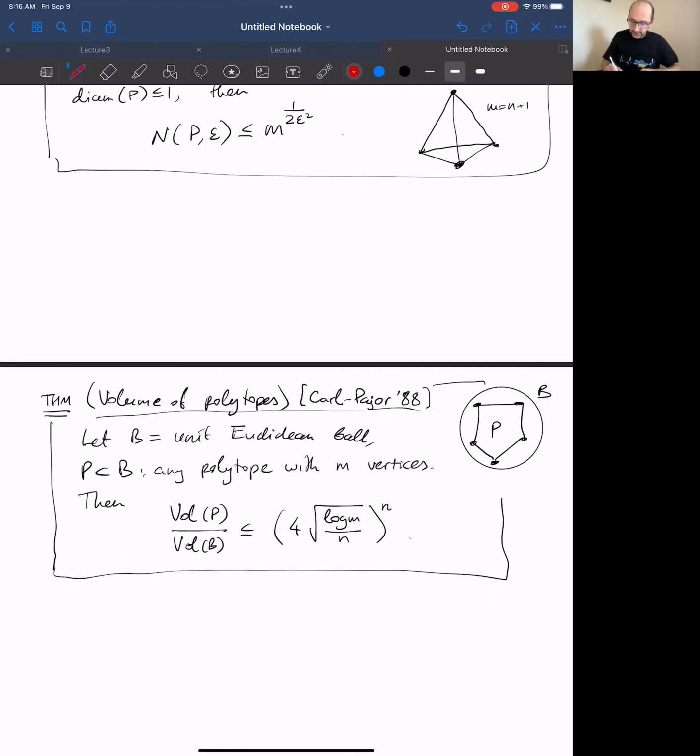So this whole expression will be exponentially small, something like, I don't know, less than e to the minus c n, for example, unless the number of vertices m is exponentially large.